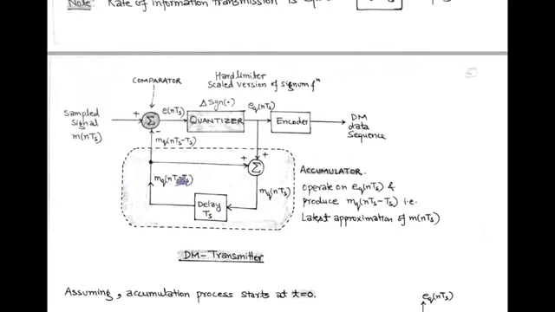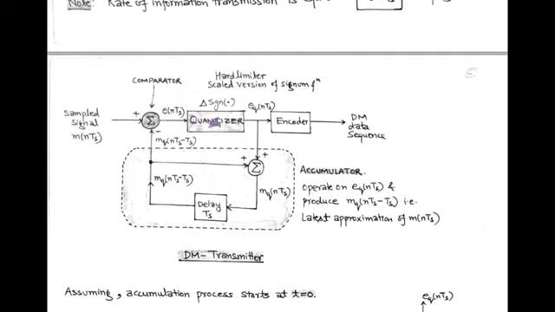So, here the comparator compares the input sampled signal, that is m(nTs), with the latest approximation of the sampled version of the modulating signal, and it is mq(nTs - Ts). And this comparator generates an error signal e(nTs).